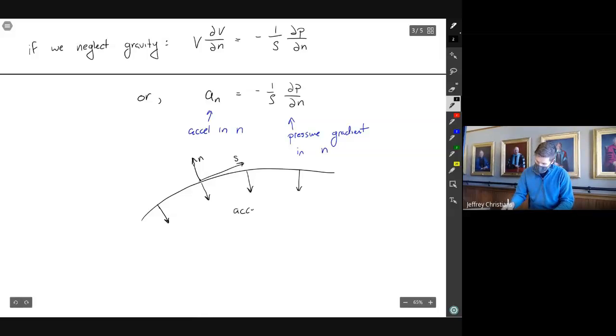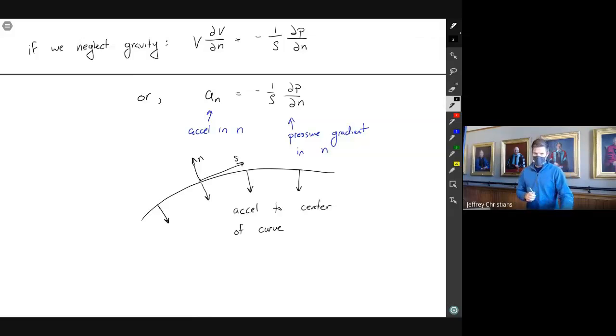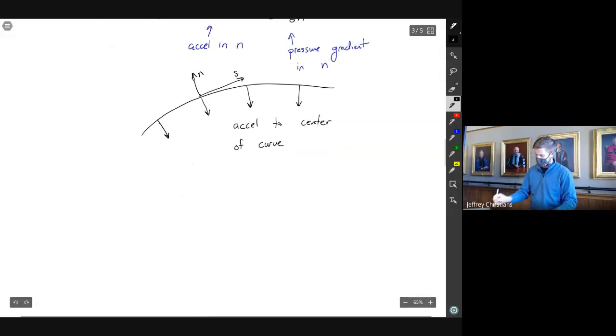So we have an acceleration to the center of the curve, which is out here.